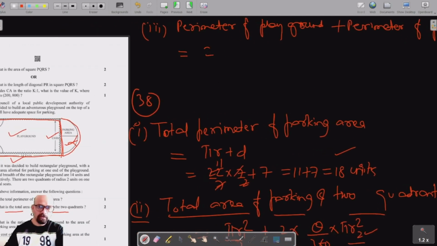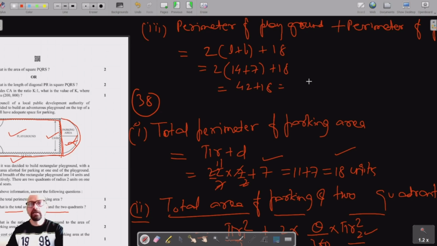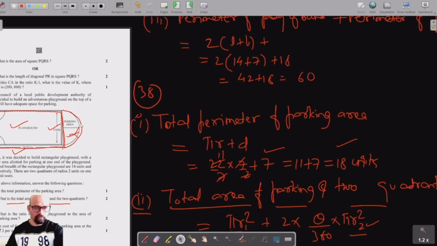So perimeter of the playground is 2 into L plus B, plus the perimeter of the parking area is 18. So length is 14, that is 7 plus 18. 14 plus 7 is 21. 21 into 2 is 42 plus 18, which is 60. Okay, this is actually the total perimeter of the parking area, but we have to find the fencing, so we don't have to include this for the parking area.